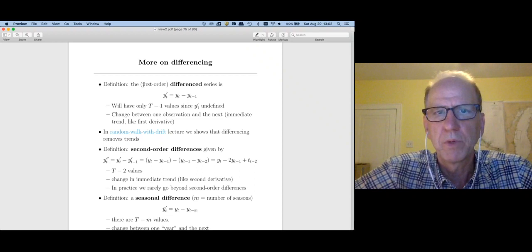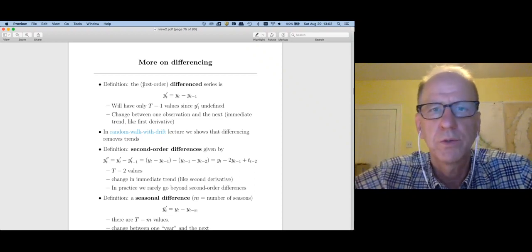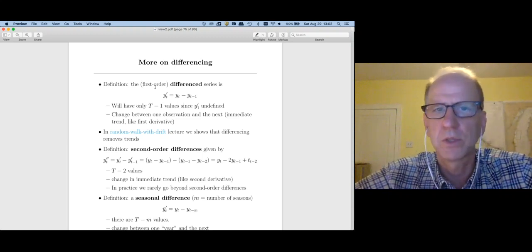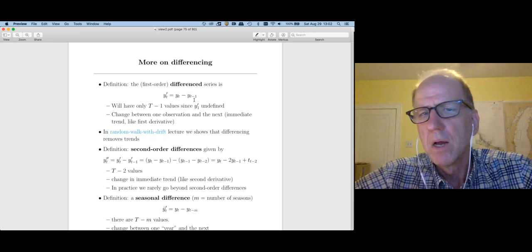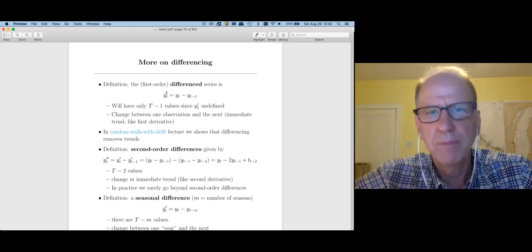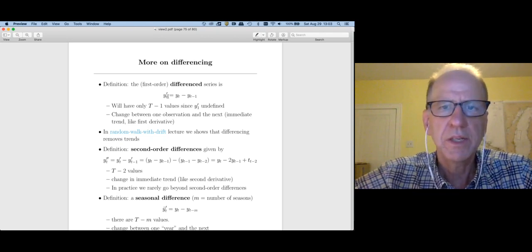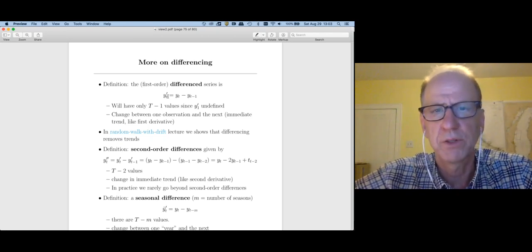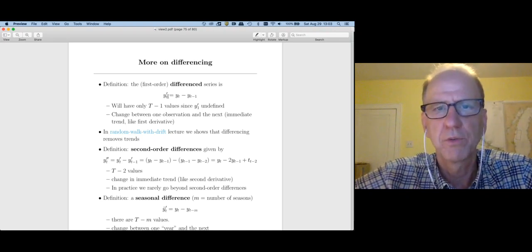That's why we don't usually use the term first order, but you could if you want to really emphasize that we're just looking at the difference between successive observations. We're going to put a little prime sign as an indication that this data have been differenced.